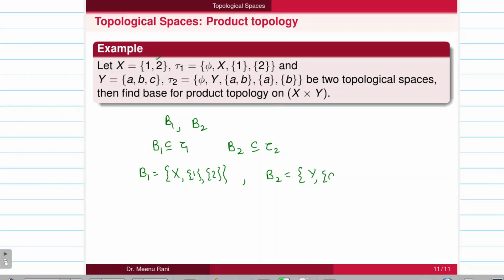We can put {a} and {b}. If we take the union of these two, then we will get {a, b} here. So B2 forms a base for tau2. Now if we take all the cross products of B1 and B2, then we will get the base for the product topology. Let us call it B.